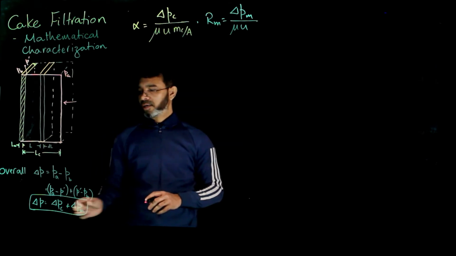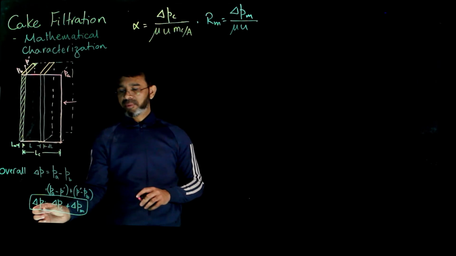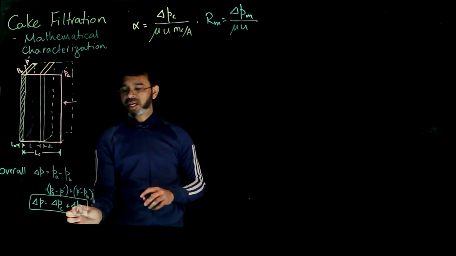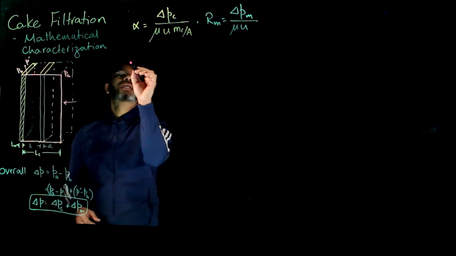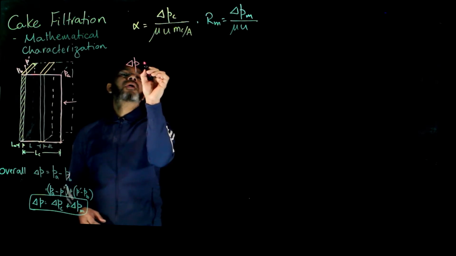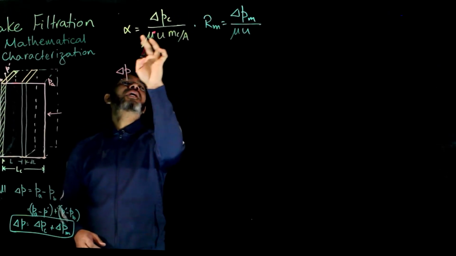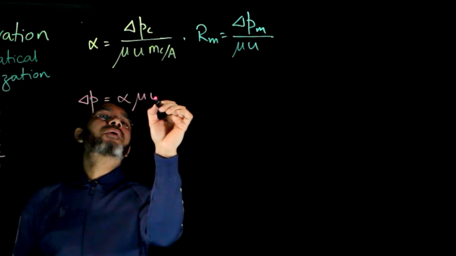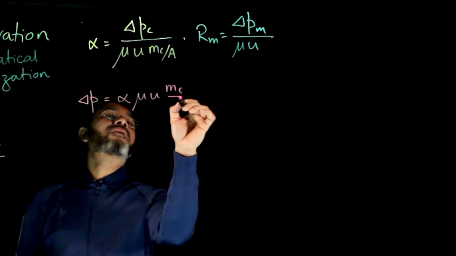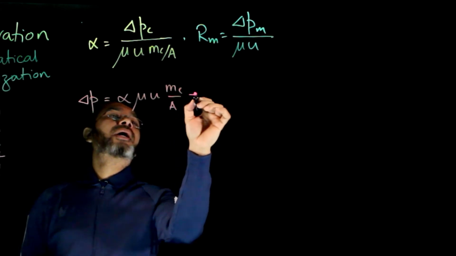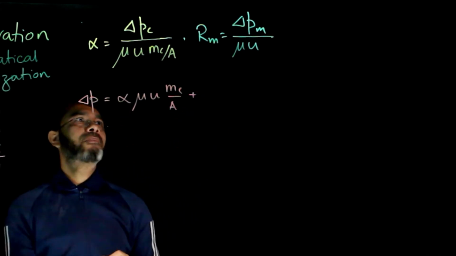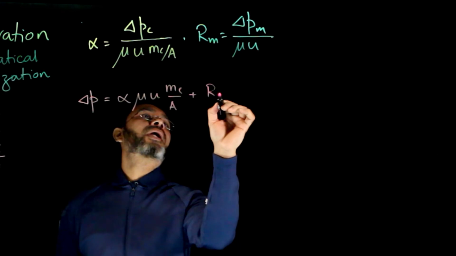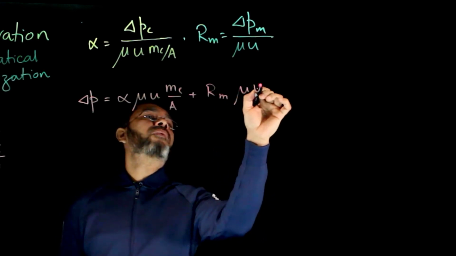Now go back to the definition that we had for delta P. Delta P is equal to delta Pc plus delta Pm. So you can write delta Pc in terms of this: it will be alpha mu u mc over A, and for delta Pm it will be Rm mu u.